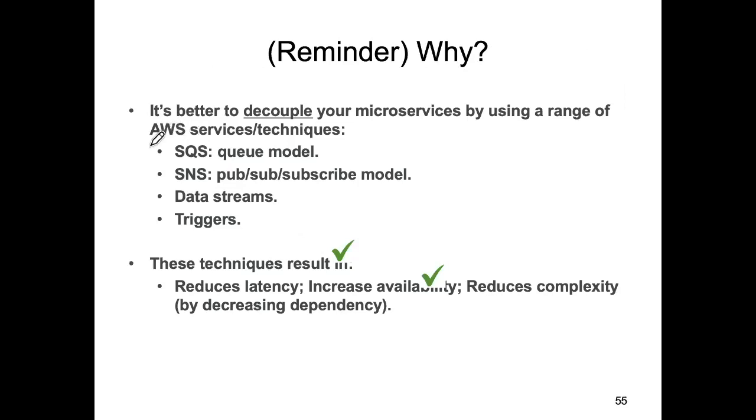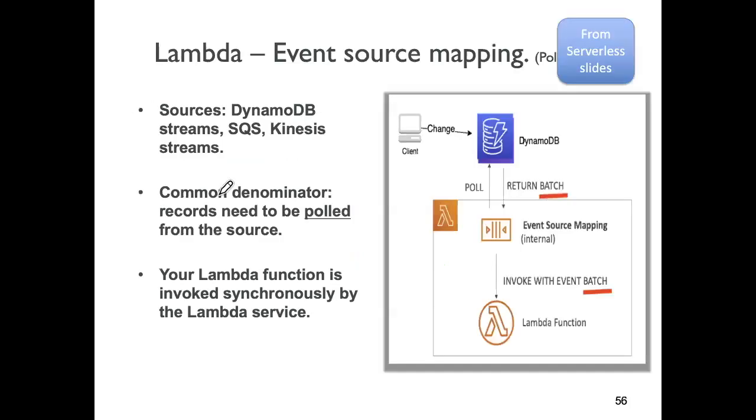We've looked at two services within AWS that you can use to achieve that. I just want to briefly talk about data streams as another part of the solution to this objective of decoupling.